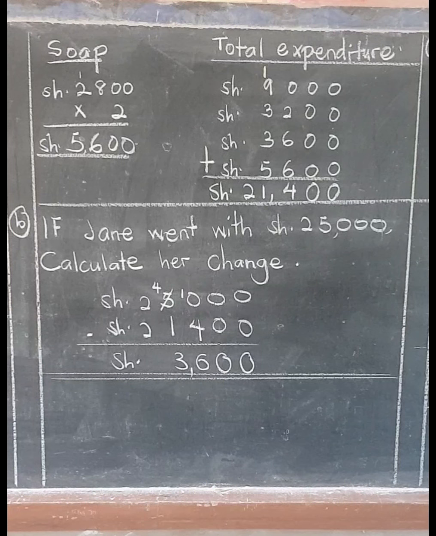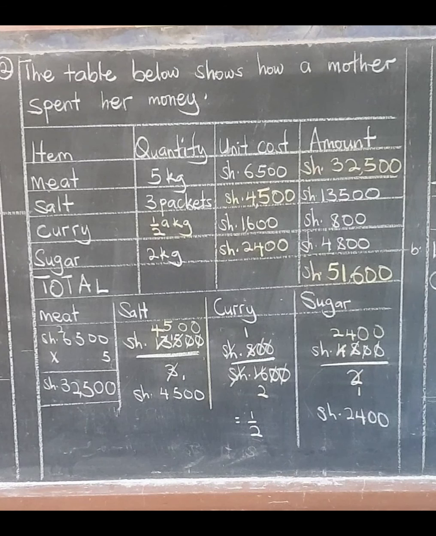Then after that, we are going to look at question number 2, which is saying the table below shows how a mother spent her money. So still in this table, we have the items, the quantity, the unit cost, and the amount. When we come to the first item, which is meat, we see that the amount was not given.